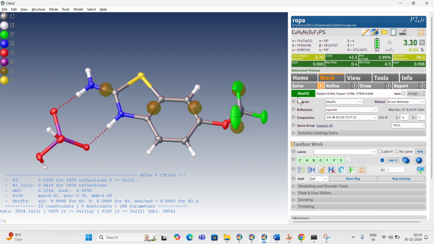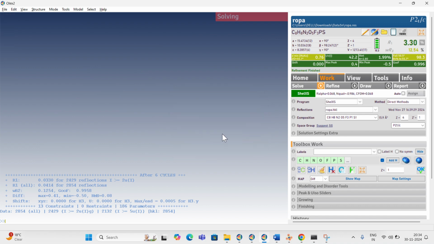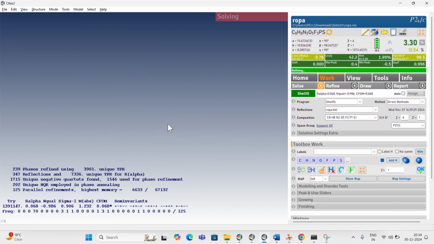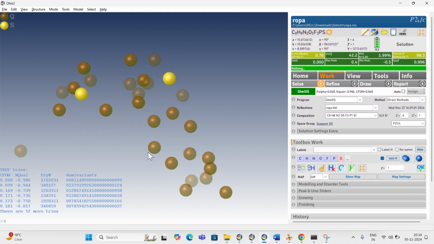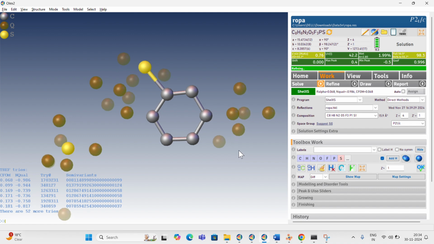We can also show how we can form this structure. For that, initially we had all the electron densities present like this. We can see that this is a carbon ring present here, so we can select all these electron densities and call that these are carbon.